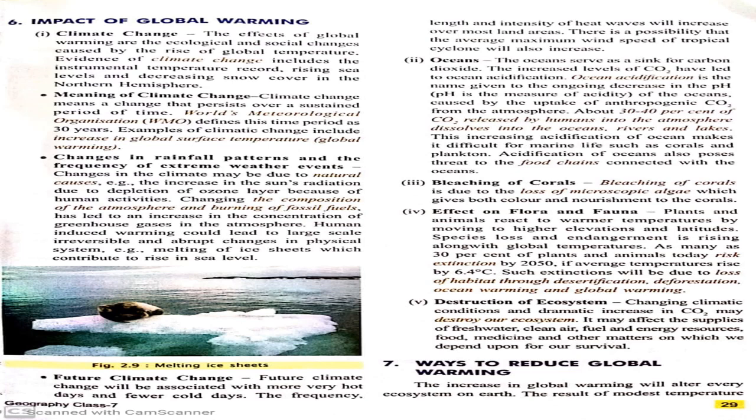Okay, this all is included in the ecosystem. Now the destruction of ecosystem: changing climatic conditions and a dramatic increase in carbon dioxide may destroy our ecosystem. So the climate change as well as the increase of carbon dioxide in our atmosphere can destroy our ecosystem.